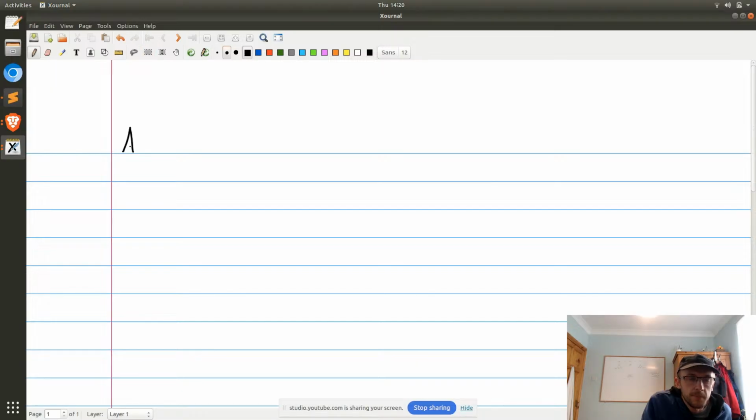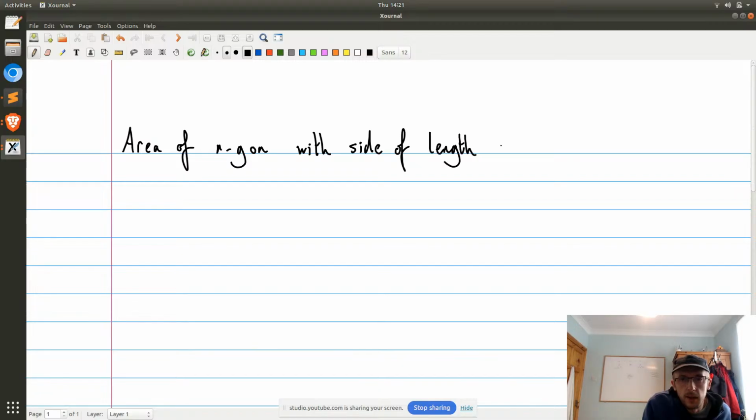Okay, so area of n-gon with side of length A. Because I don't want to use the transcendental functions.